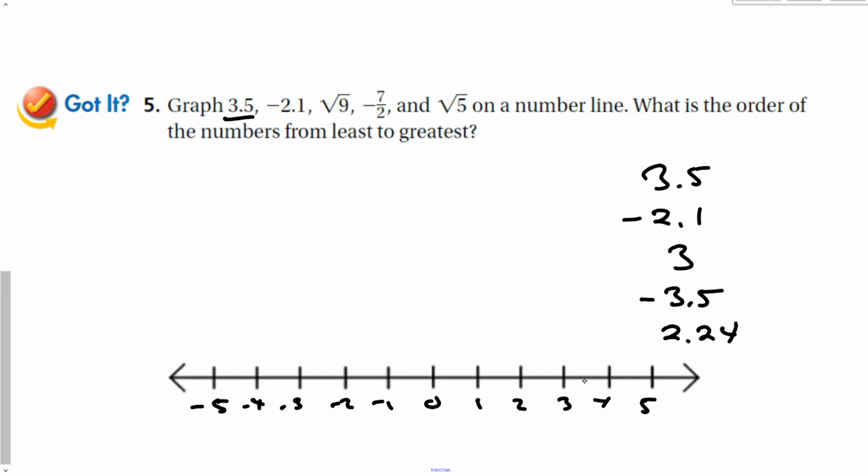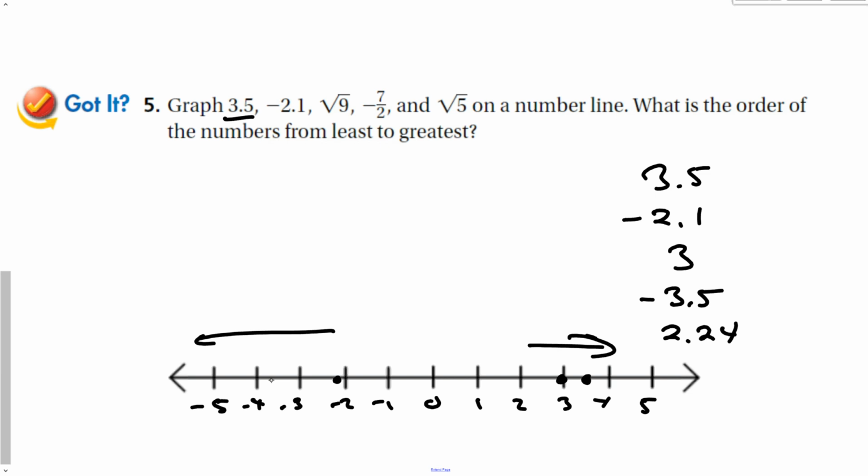So we have 3.5, going to be there. Negative 2.1 is going to be a little bit to the left of negative 2 because it is smaller than negative 2 on my number line, right? And as we go left on the number line, we get smaller. As we go right on my number line, I'm going to get larger. So 3 is going to go right there.